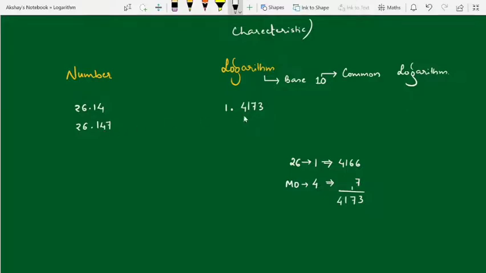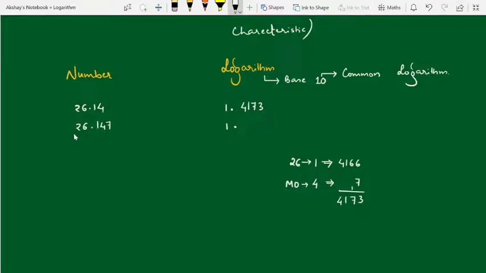Okay, so I have to write the log of this value. First of all, write the characteristic value. The number is greater than 1. Identify the decimal point. Count how many digits are present on the left of the decimal point. Here I have 2 digits. So 2 minus 1 is 1 point.